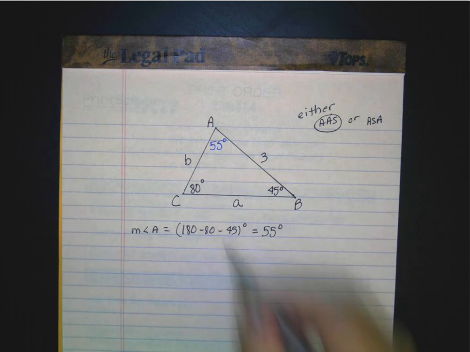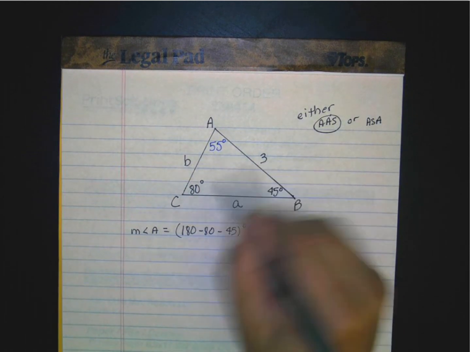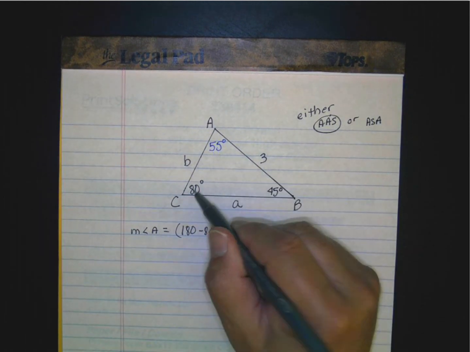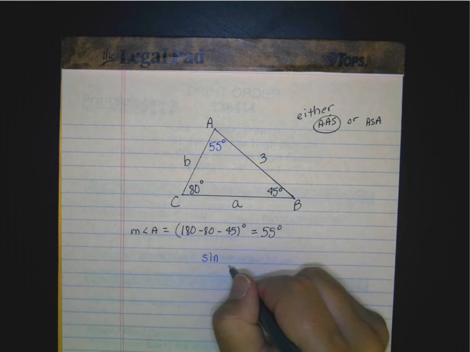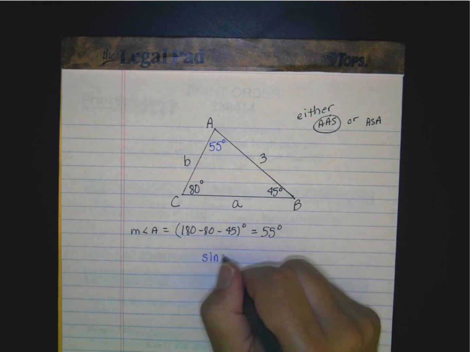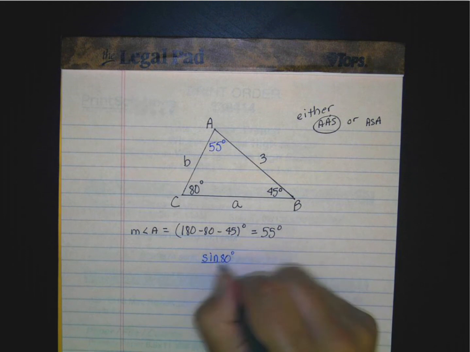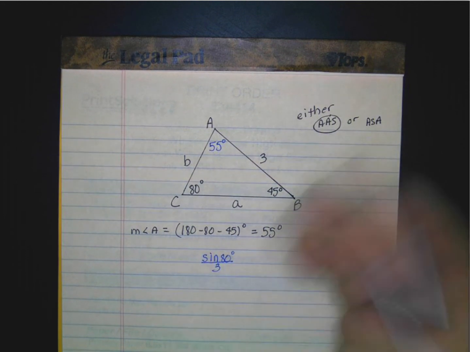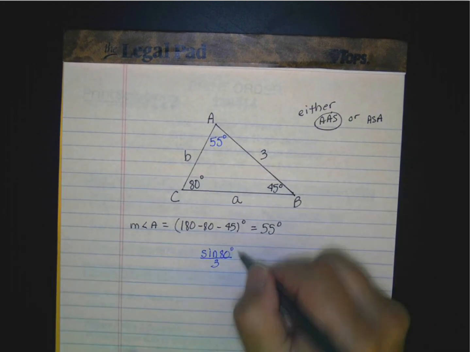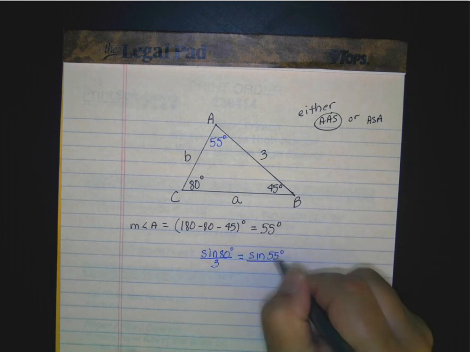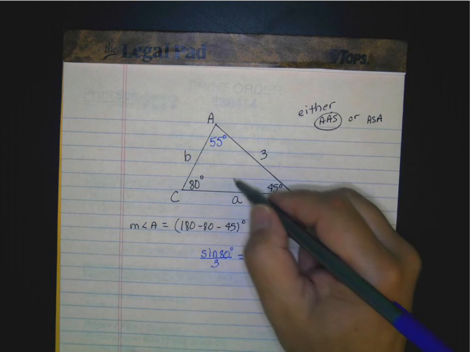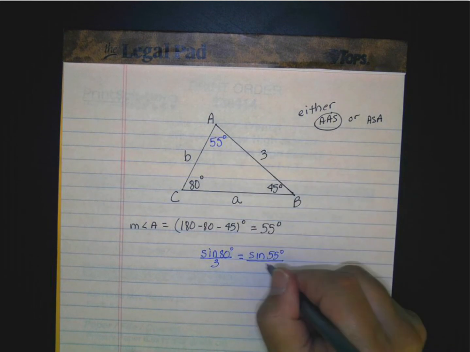This is what I'm given. I know this side and this angle, so that's going to be my middle, so to speak. I know the sine of 80 over 3. That's the only full ratio I have. Now I can set up on either side of this: sine of 55 over what's opposite that, little a.